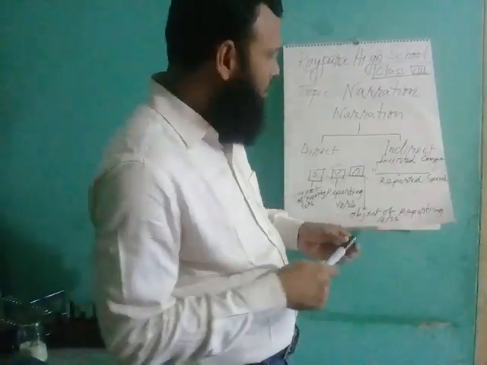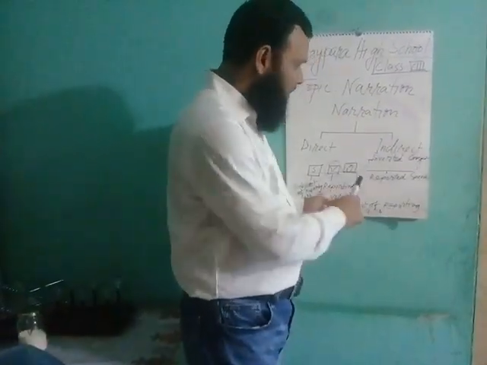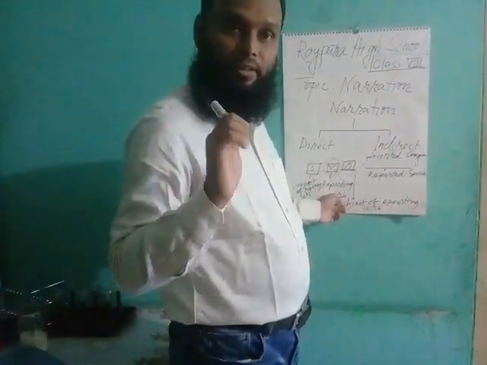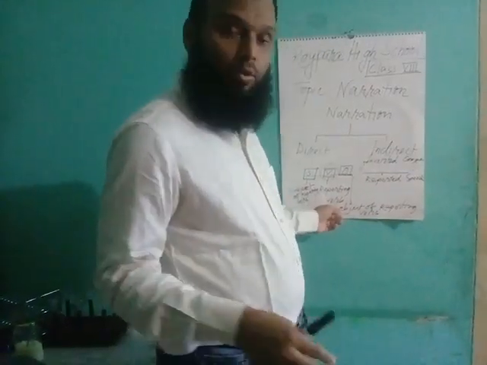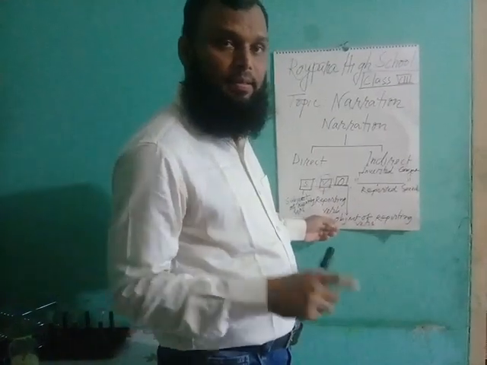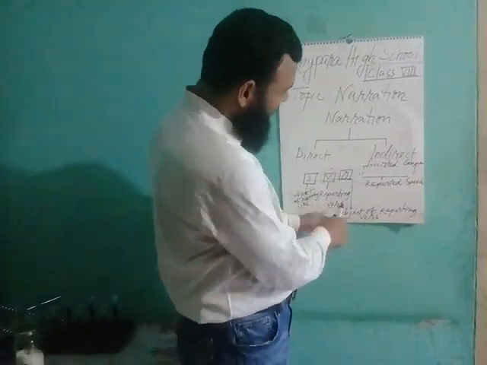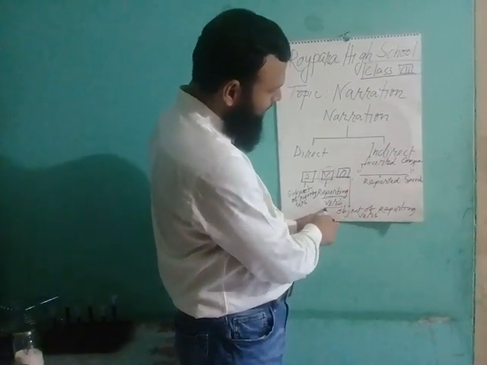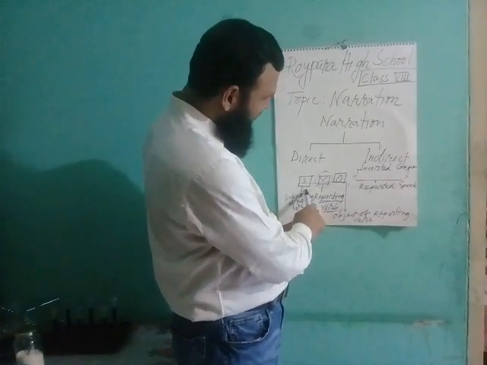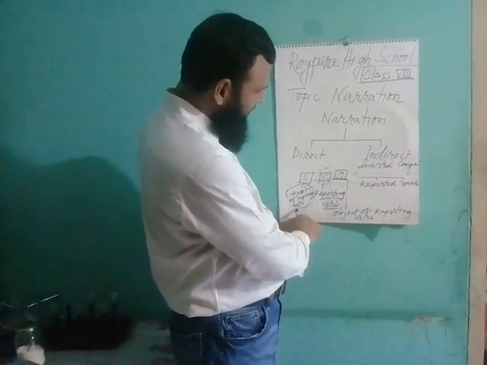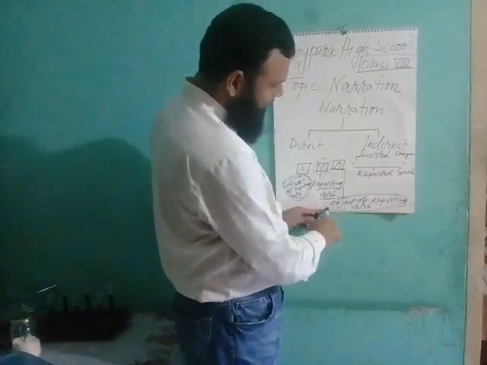So here we can say that before the inverted comma, or out of the inverted comma, we just get three things: the reporting verb, then the subject of the reporting verb and the object of the reporting verb.